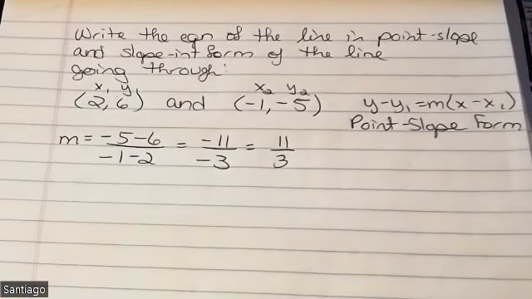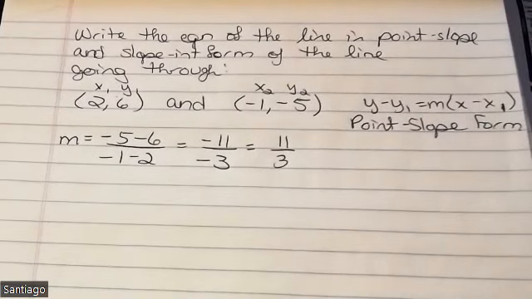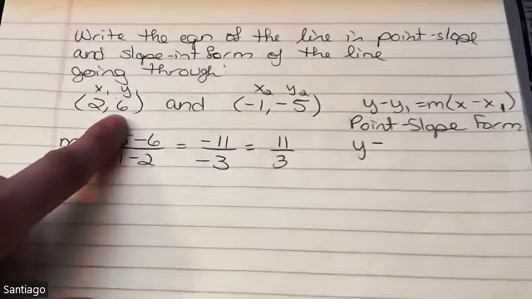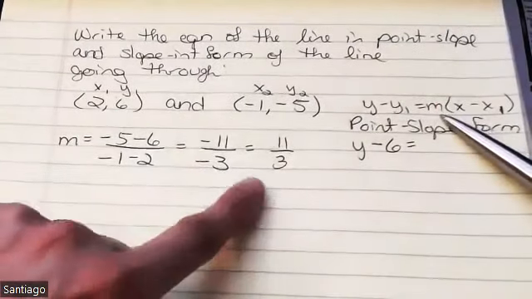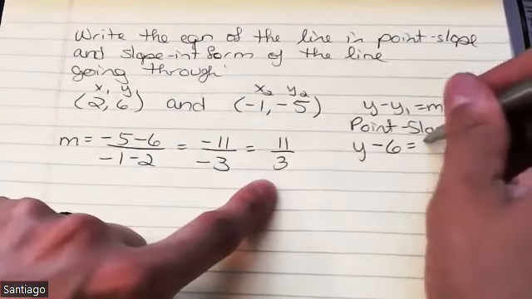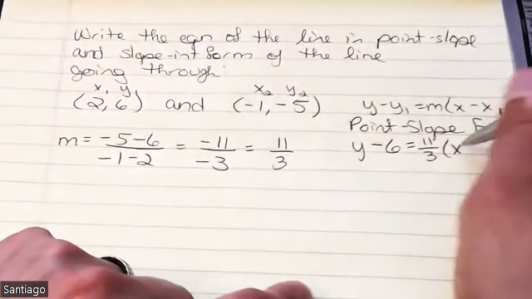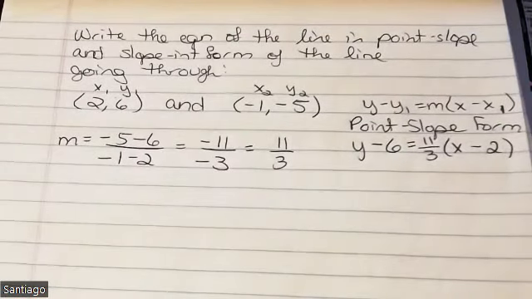So we have that as our foundation. Now all we have to do is just plug right in. So we have y minus, now y1 is 6, equals m, we found it, that's 11/3, parentheses, then we have x minus, x1 is 2. And I just found point slope form.